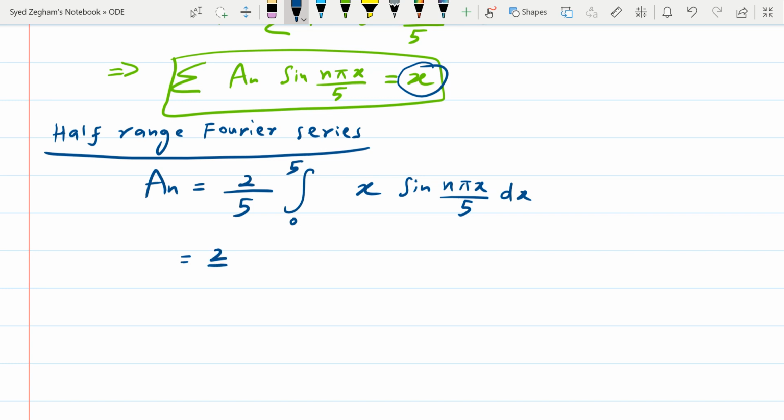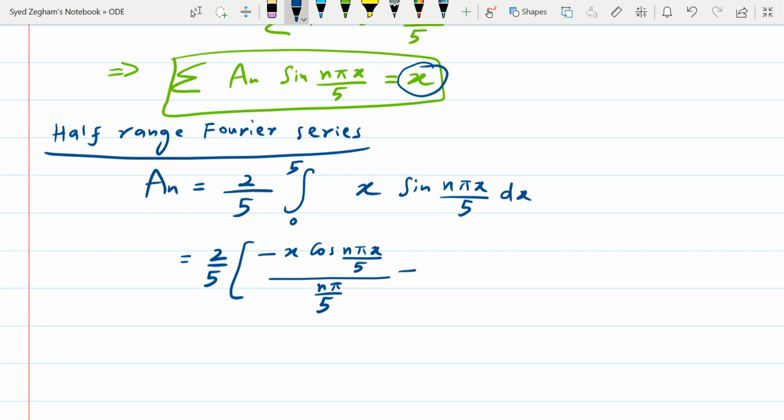This will be equal to 2 by 5 x sine n pi x over 5. Many times we have done integration by parts, so you know how to do it. I am writing it directly. I am sure all of you are capable enough to do this integration by yourself. So you will get minus x cosine n pi x divided by 5, divided by n pi over 5.